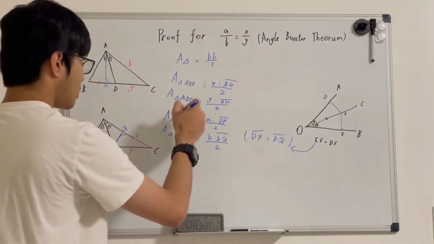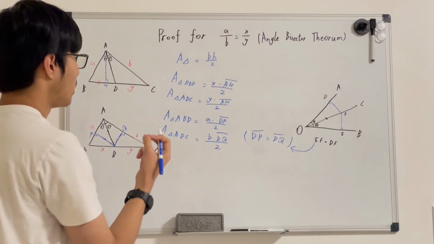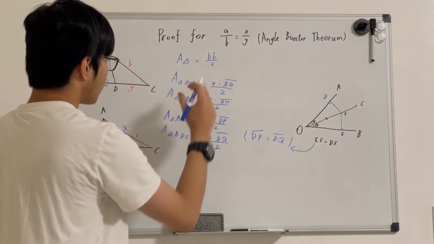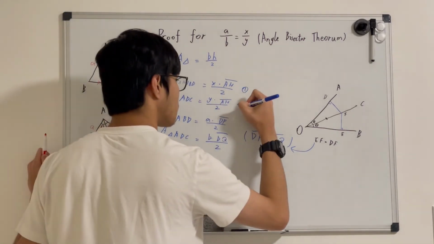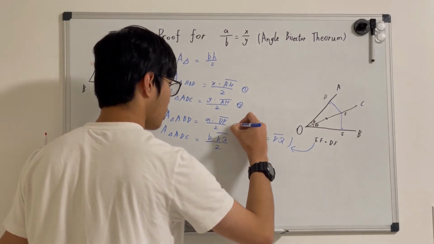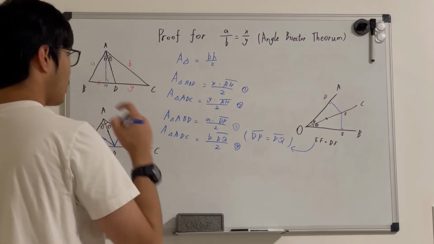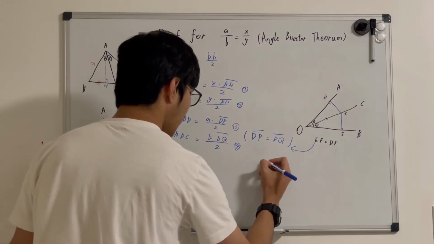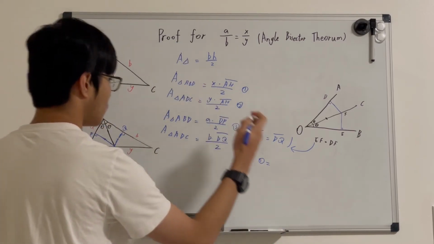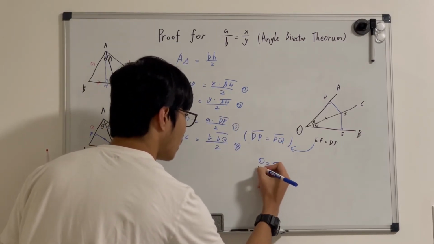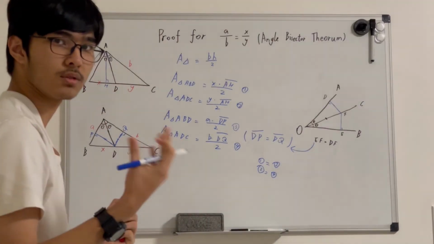I can express the same thing in two expressions, right? So I may want to do the ratio. Let me name these real quick: expression 1, expression 2, expression 3, expression 4. We know that the value of 1 equals the value of 3, since it's the same triangle, and the value of 2 equals the value of 4.